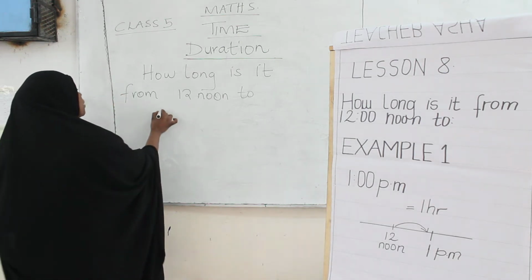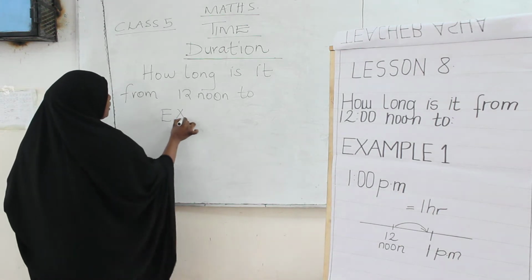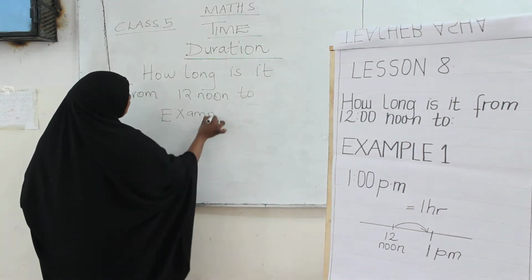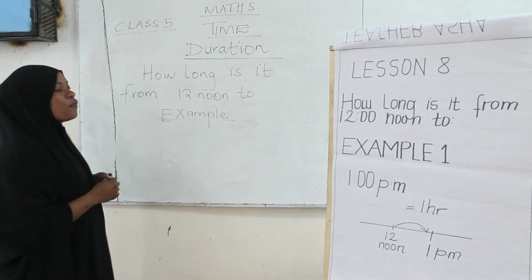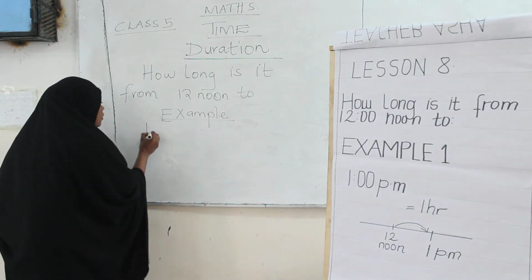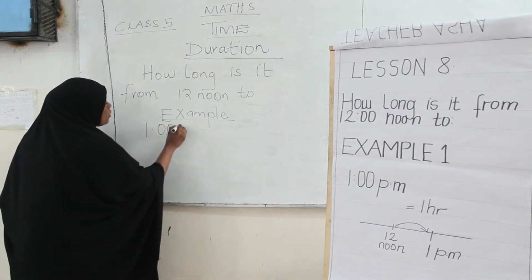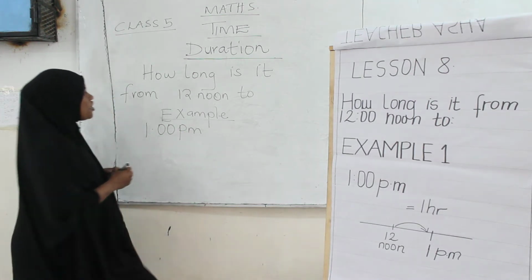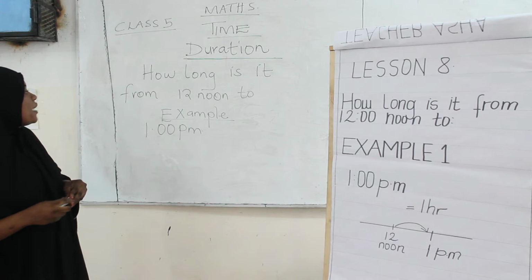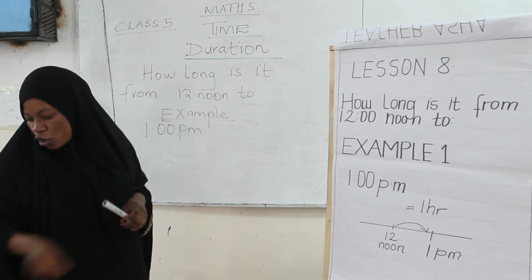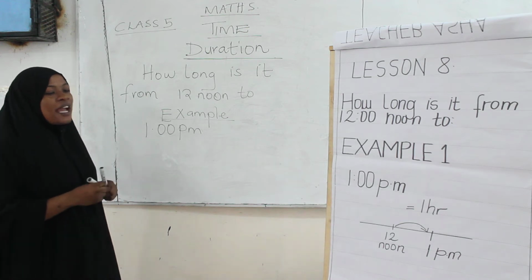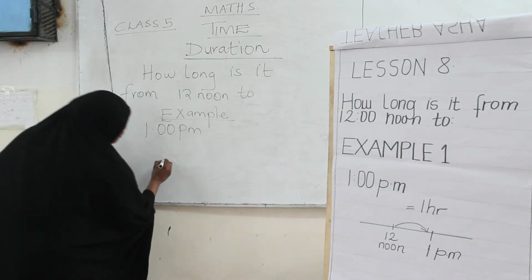In our example 1, we have 1 p.m. So the question is, how long is it from 12 noon to 1 p.m.? We are going to use the timeline as earlier.